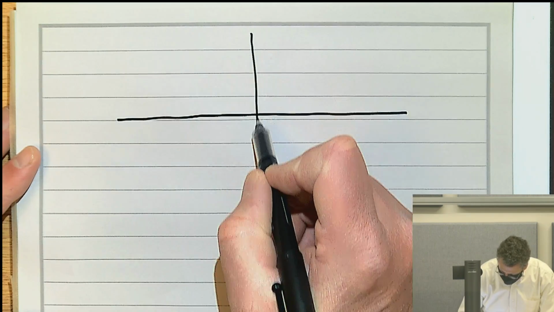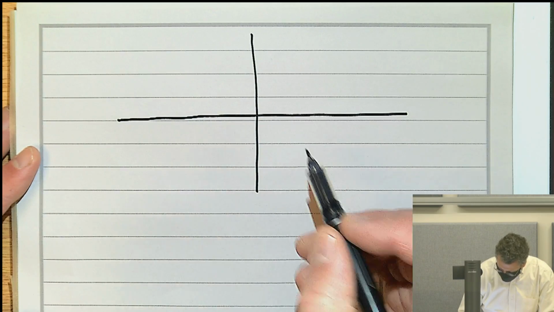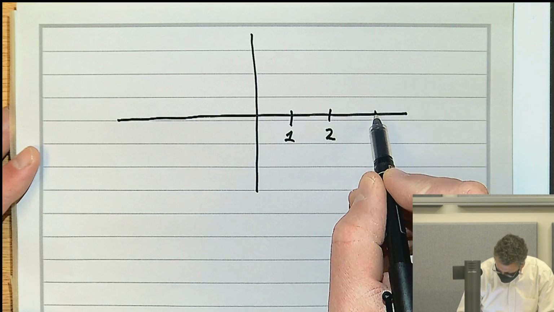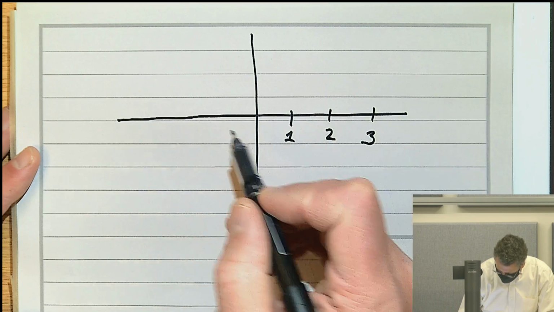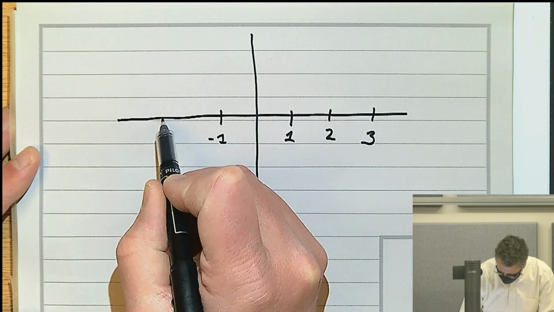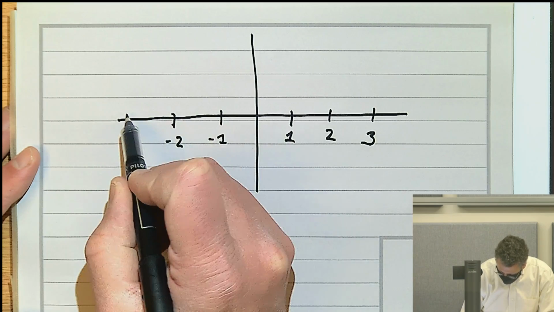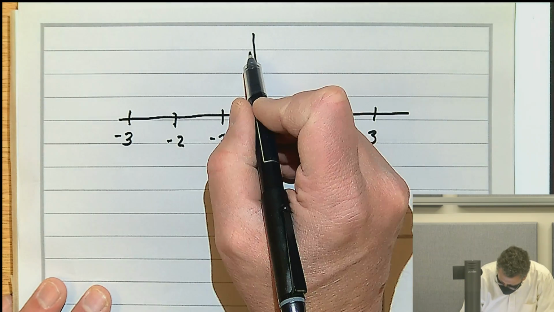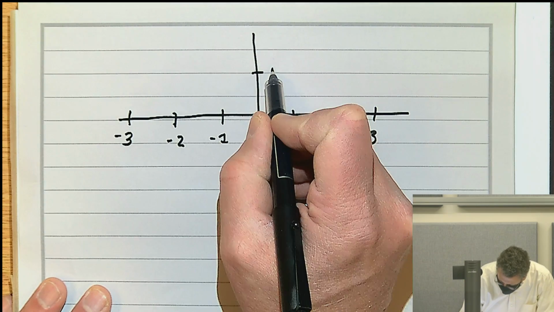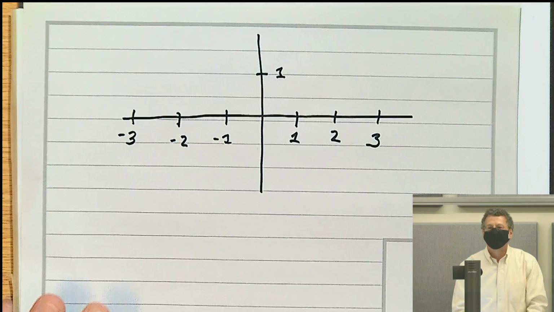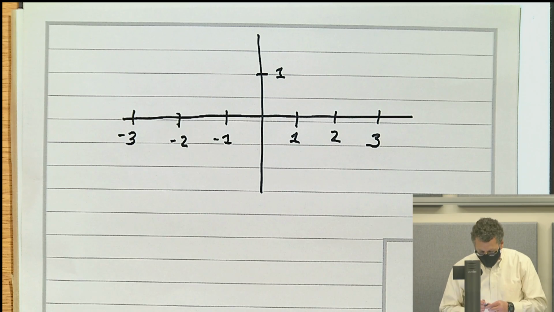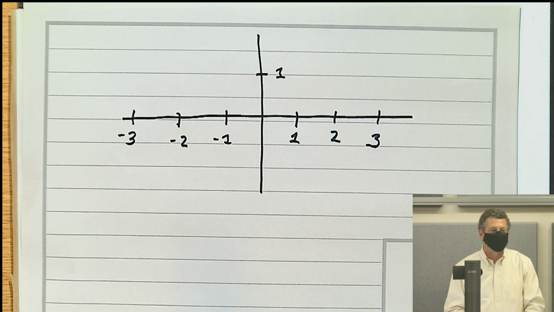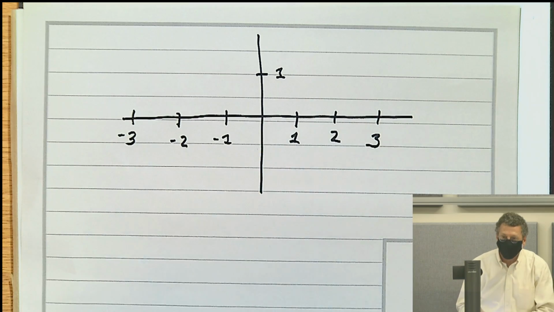The sinc function is like this. 1, 2, 3, minus 1, minus 2. The thing to remember about the sinc function is that it crosses 0 at the integer values, except at 0.